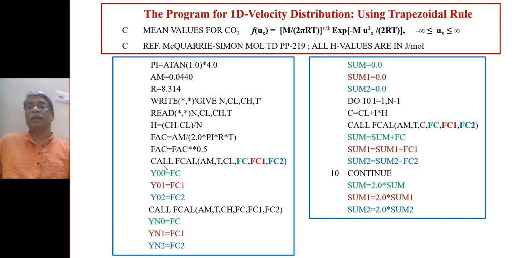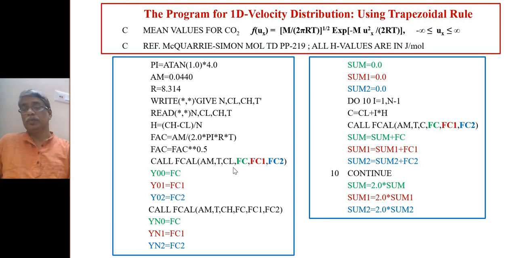So just a few words on color separation. You see that I am calling a subroutine subprogram, right? AM is mass, T is temperature, and then CL is the lower limit of temperature, and here again it is calling CH. So CL and CH are the lower and upper temperature.